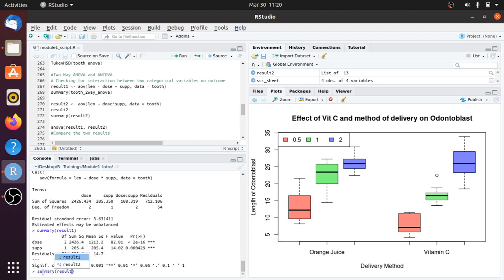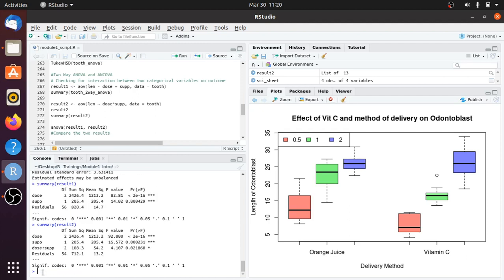But let's see the summary of result 2. You can see here, in terms of the dose, the significance using this p-value, and looking at this p-value for the delivery method also.